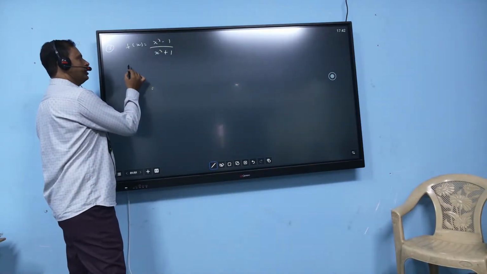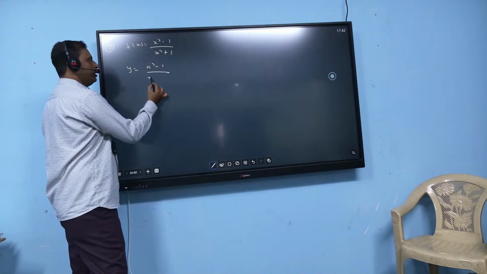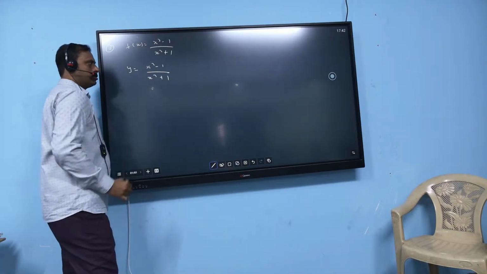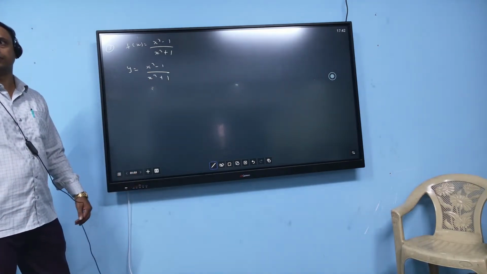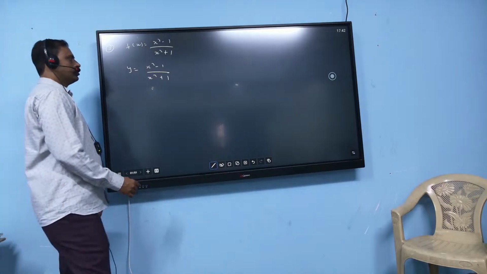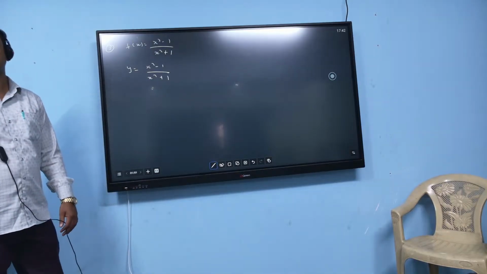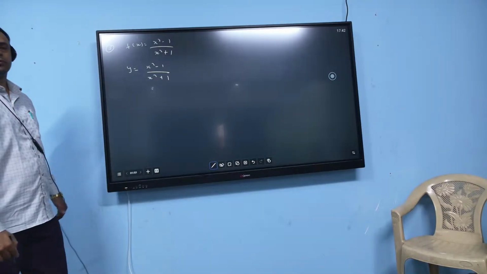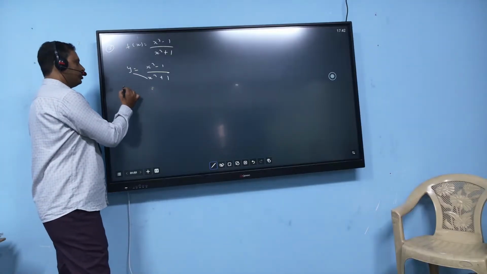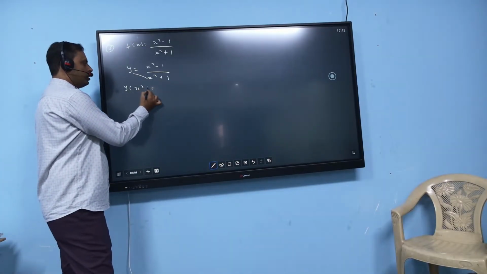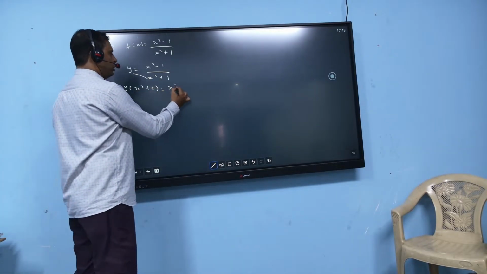Tell me the method. Y equal to x square minus 1 divided by x square plus 1. Next, what to do? Next step, cross multiply. Y into x square plus 1 is equal to x square minus 1.